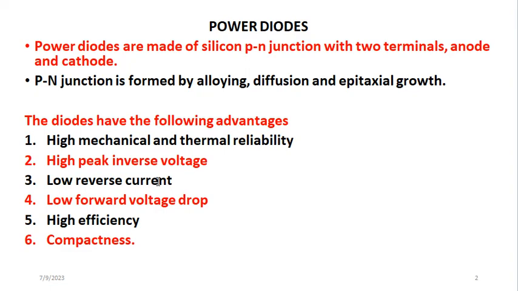Then it has low reverse current, that is to say the leakage current is very small, which minimizes the losses. And it has another advantage of low forward voltage drop, that is, whenever it is conducting normally in forward bias, the voltage drop, which is a source of loss, is very small.